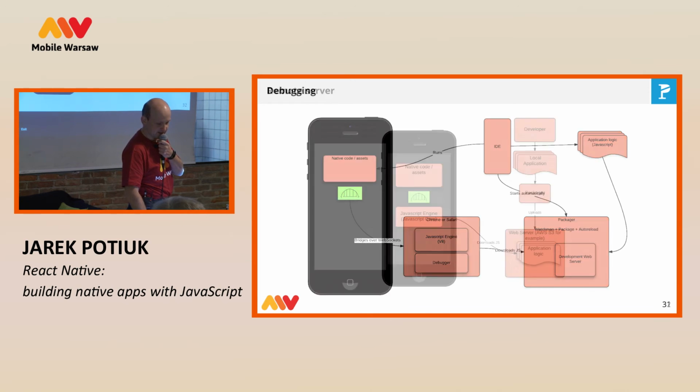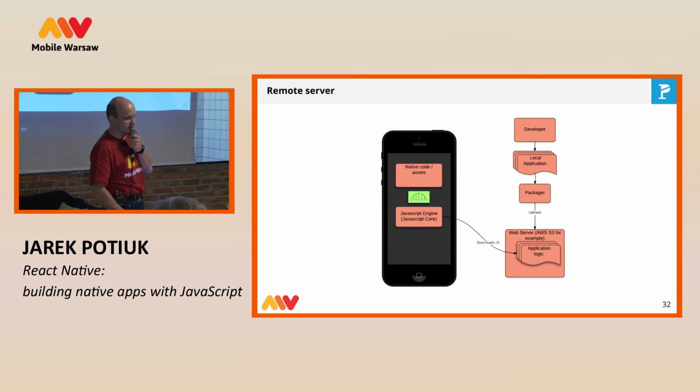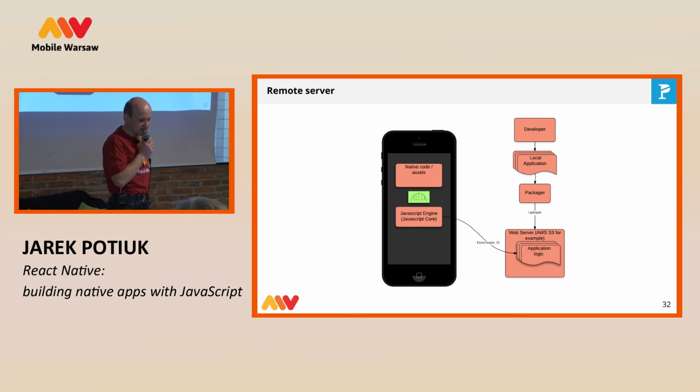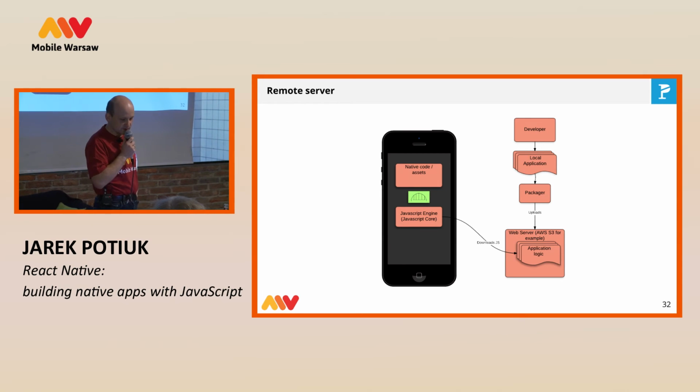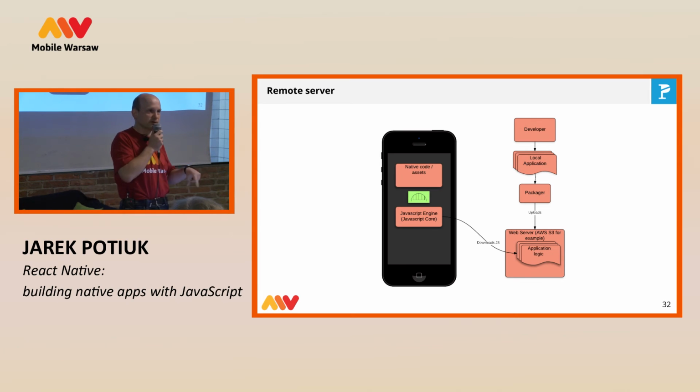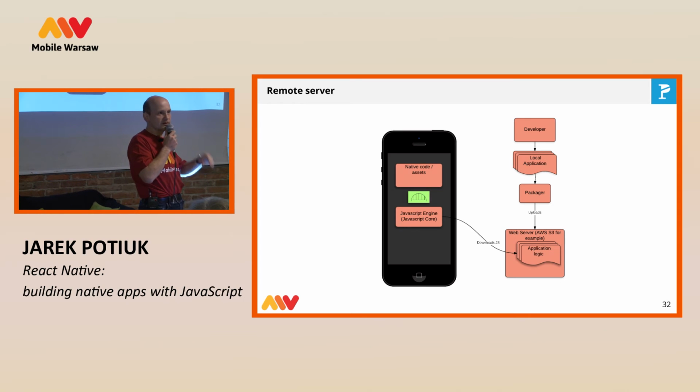So what else can you do? You can do even more with that, and people started doing it immediately. You can put your code on S3, for example, and tell your application to load the code not locally from the bundle, but from this server, which just serves the files.